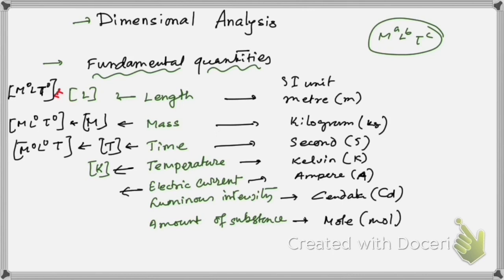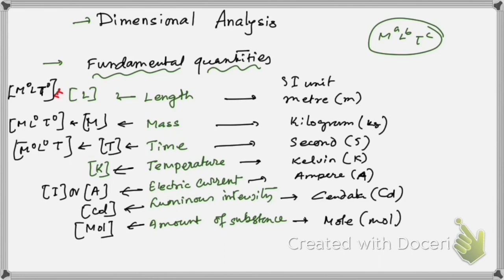And for electric current we're going to use capital A, or you can use capital I, right? And luminous intensity you can write cd, the symbol for the unit and the symbol for the dimensional formula are the same, and amount of substance, that is mol, mole, right? These are the dimensional formulas that you must know.